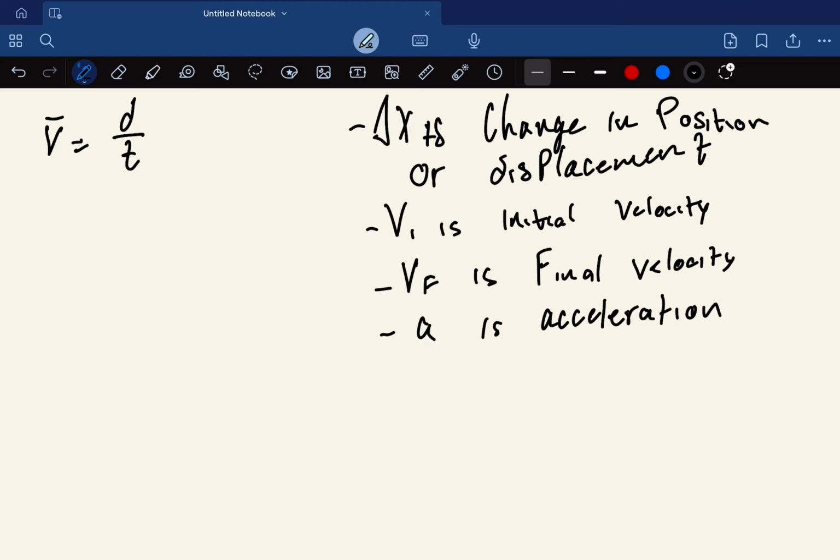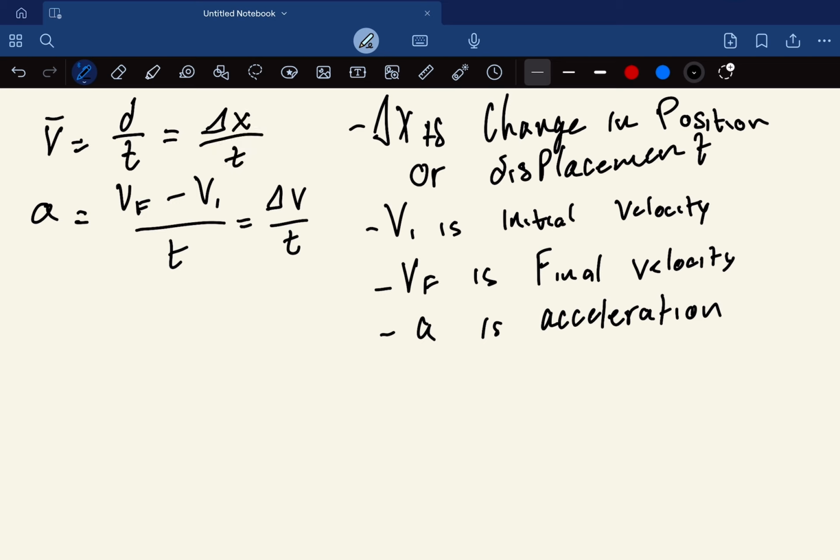The second equation you need to know is A. This is also average A, but we will not work with problems that have a change in acceleration, so this part isn't really necessary. So A equals VF minus VI over T, which is also equal to delta V over T. And then this should be rewritten as delta x over t.